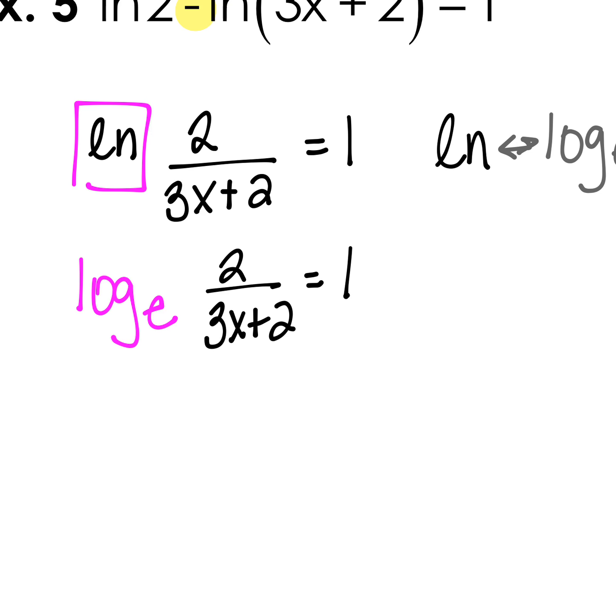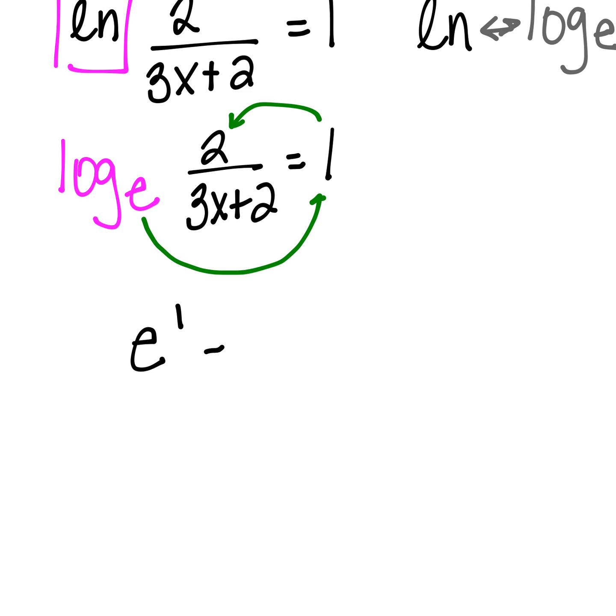So now when we go do our roundabout, look what's going to happen. It's going to become e to the first, so e to the exponent of 1 is equal to 2 divided by 3x plus 2. All right, so we're still trying to isolate this x right here.